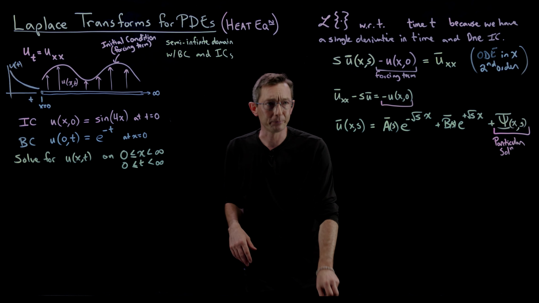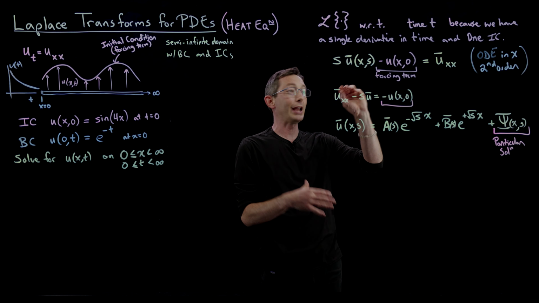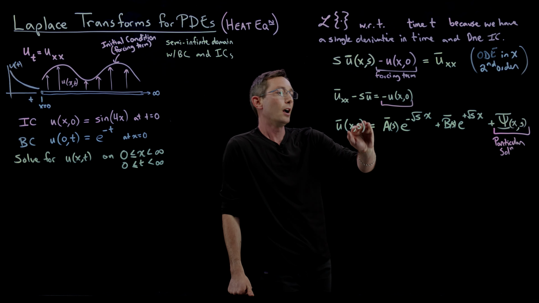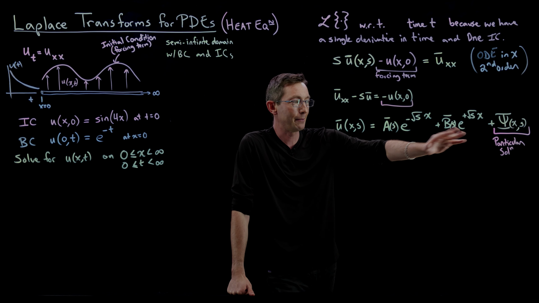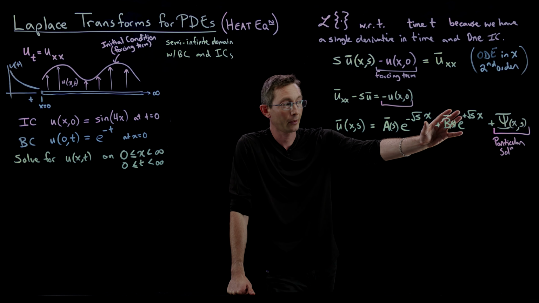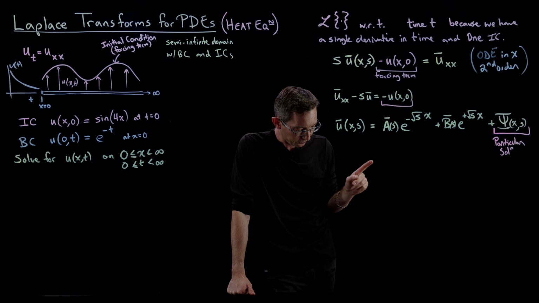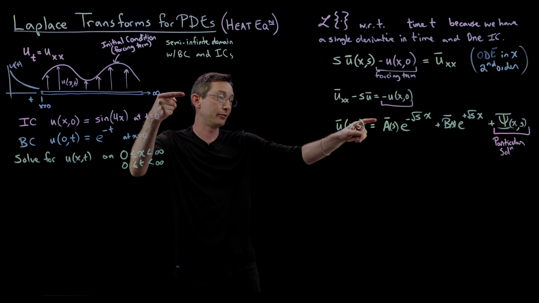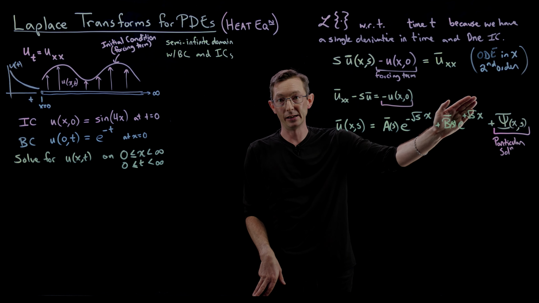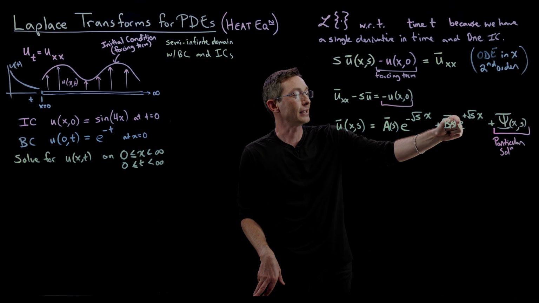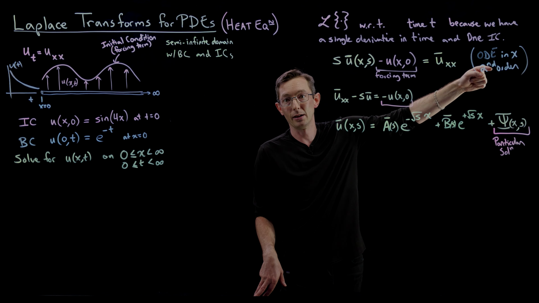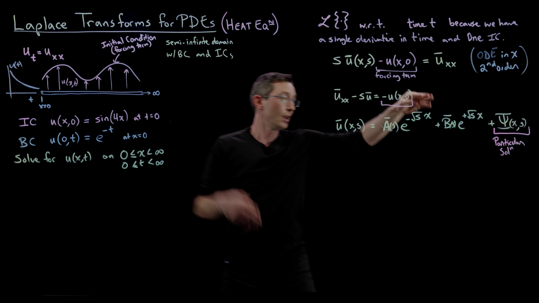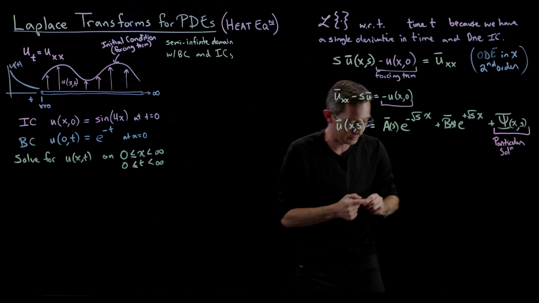Okay, so we Laplace transformed in time. We haven't used our initial condition yet, but we can see that we're going to find our particular solution. And we have determined that this is the basic form of the homogeneous solution. Now we know that for this to be a bounded solution as x goes to positive infinity, this b has to be 0, because e to the plus exponential in x grows without bound as x goes to infinity.